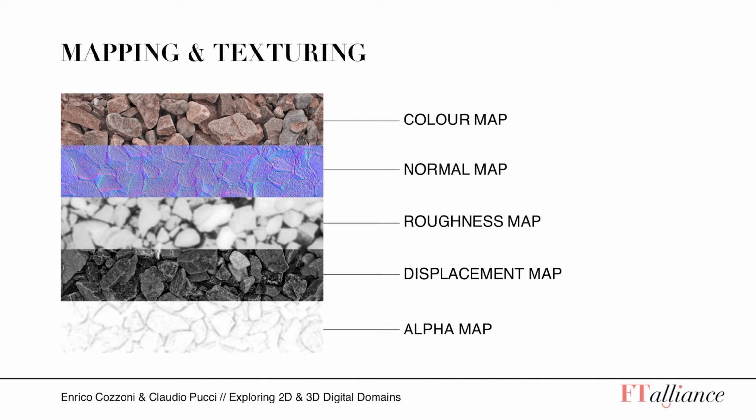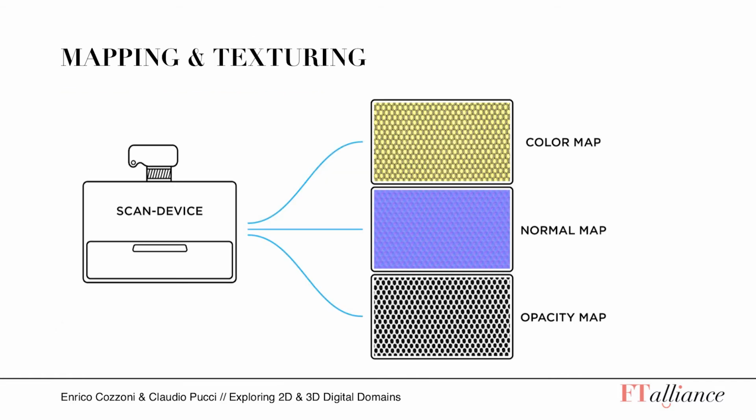Here, in this case, you see the color map, the normal map, the roughness map, the displacement map, the alpha map. So from the scan device, I can generate a basic number of maps. I scan the material, and I can generate a set of basic maps of the material.